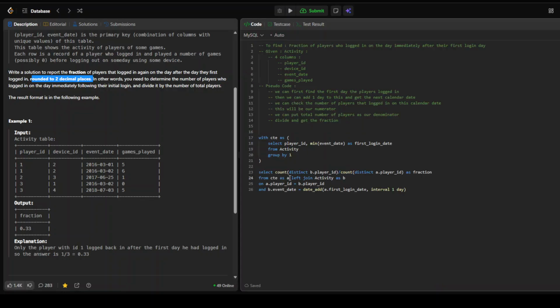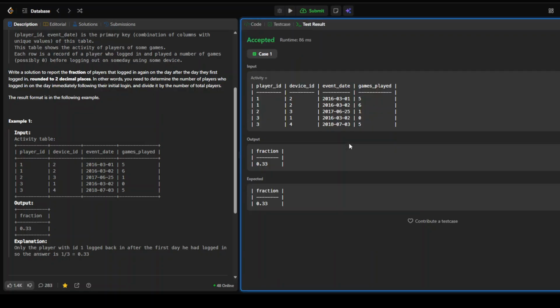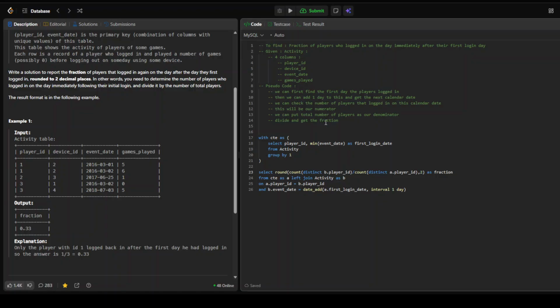So what I will do is add a function of round here. First thing, why did I add a left join here, and why did it not work when it was just a join? Because if it is a plain join, then the numerator has the same values as the denominator, so it becomes the value of 1.